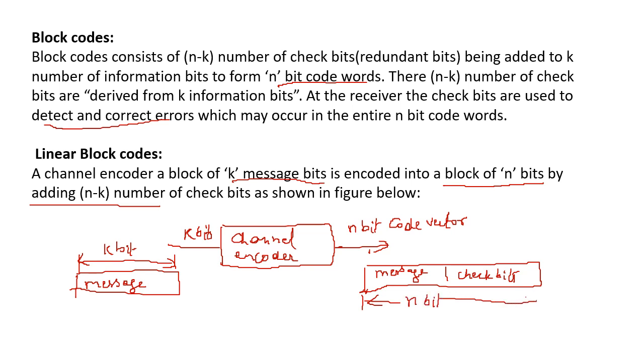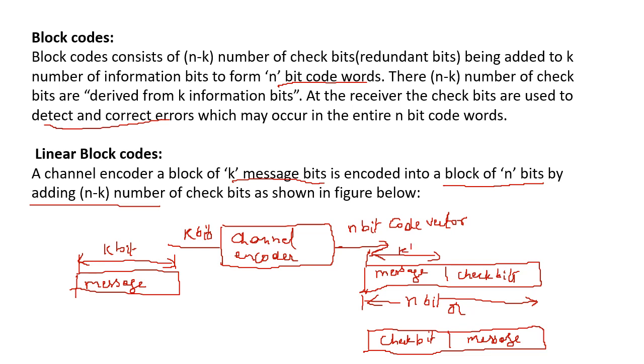Or you are going to have the check bits first and then the message. The message size is k bits, and the check bits will be n minus k.